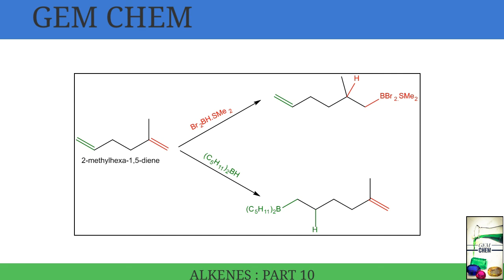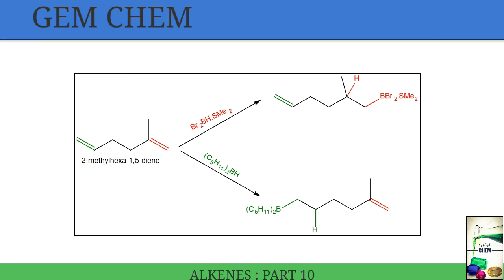But although they show this kind of behavior, not always. Suppose if we take dibromo borane, then it will react to form the hydroboronated compound on this side where there is more substitution. Whereas if we take normal decimal borane, then the reaction takes place where there is less substitution.